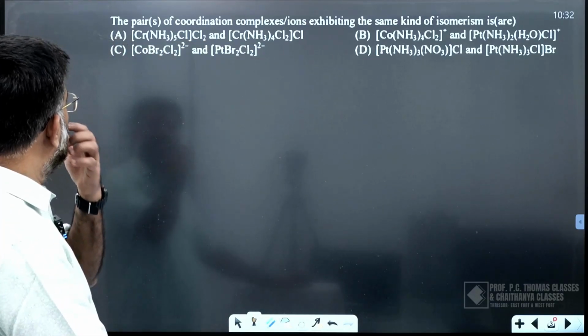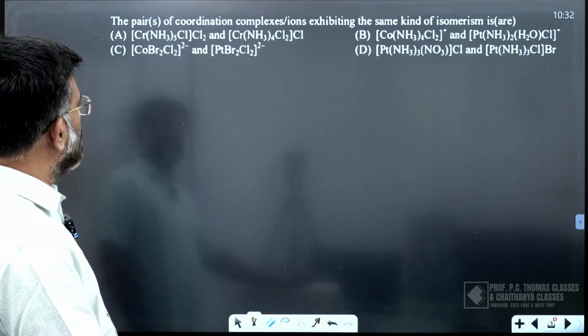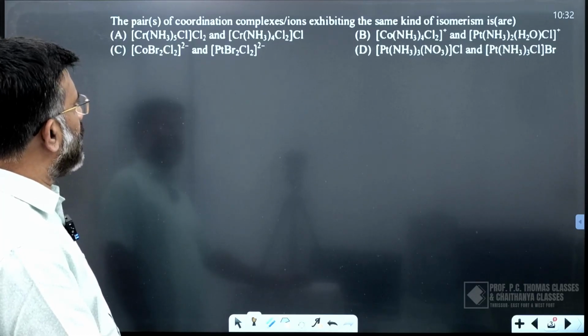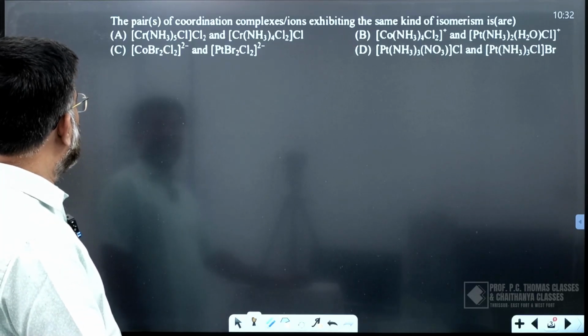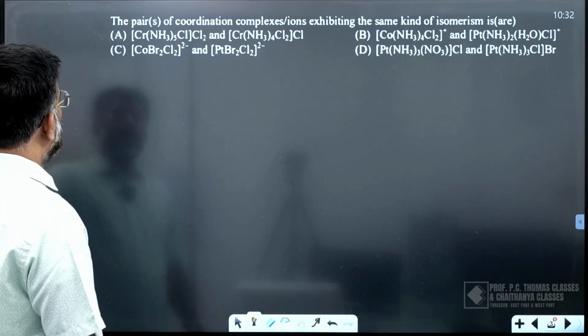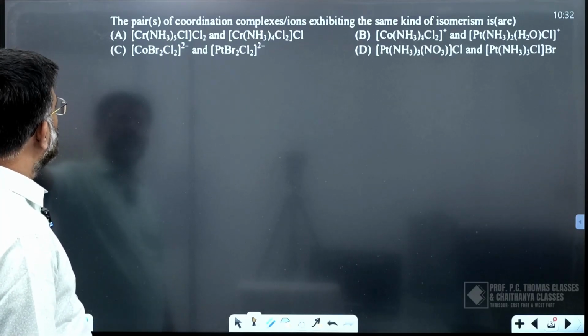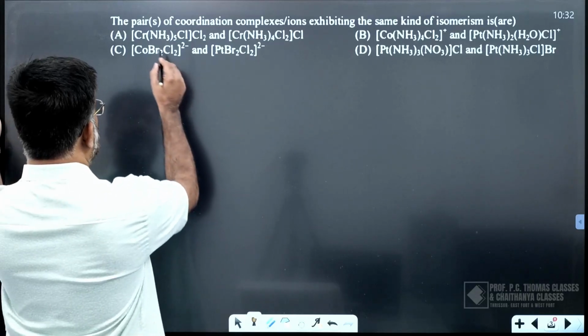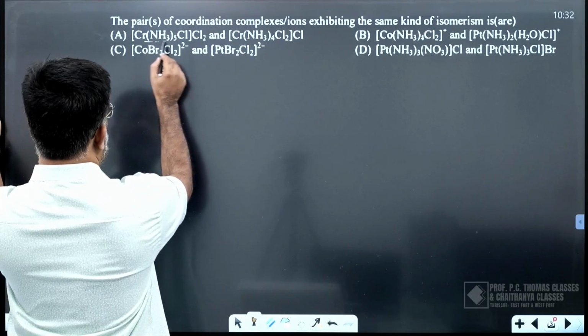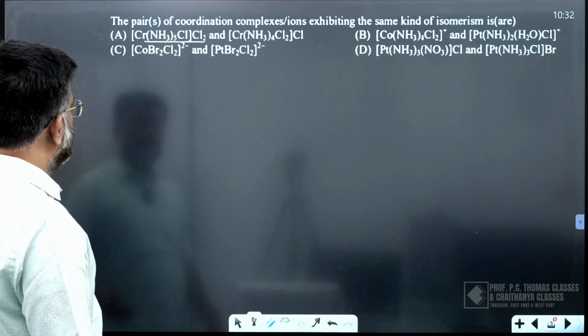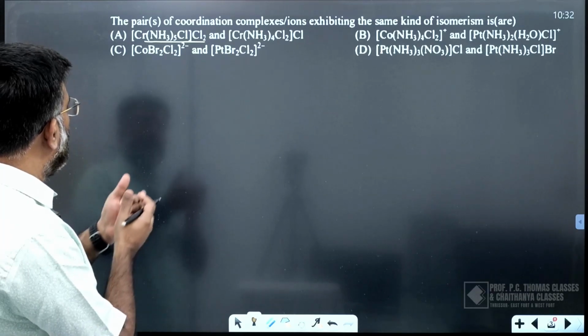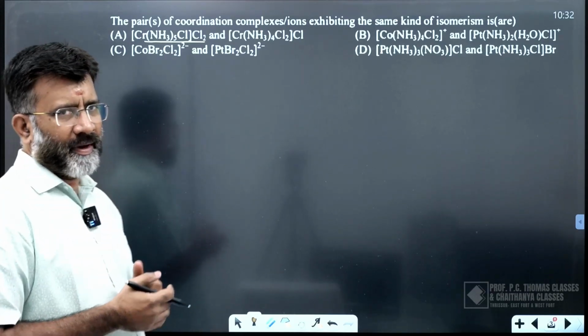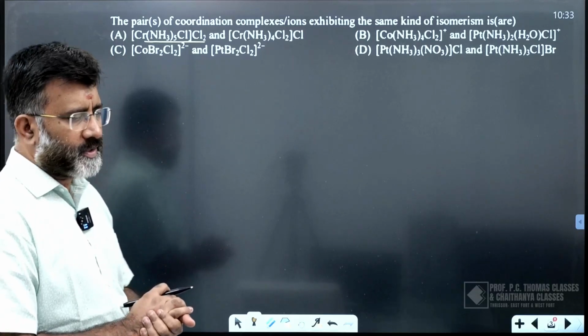The pair of coordination complexes or ions exhibiting the same kind of isomerism. Option A, you don't find any type of isomerism because it is 5 ammonia and chlorine. You don't find any special kind of isomerism there.